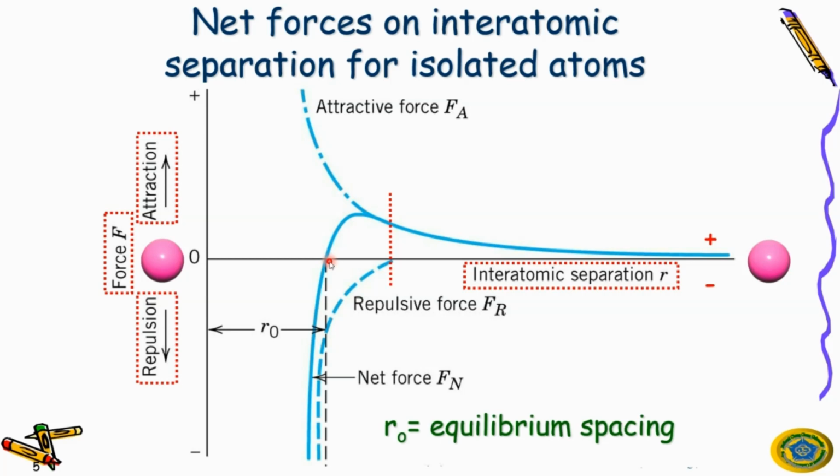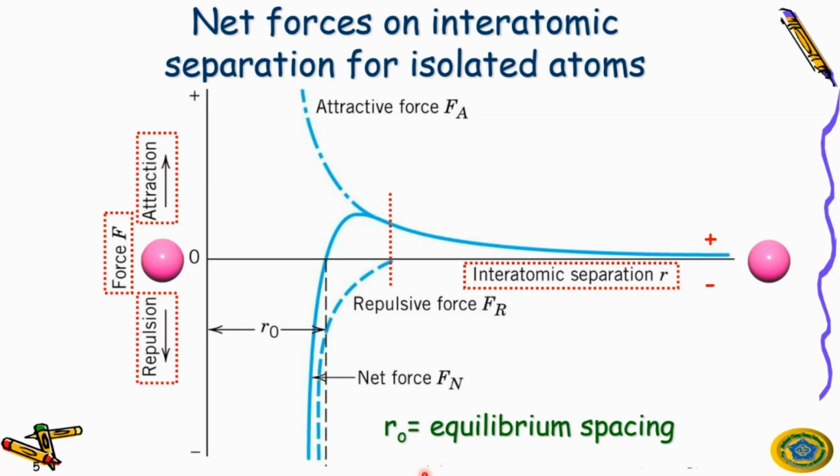So the repulsion force is equal to the attractive force, and then the two atoms will stay in this position. Am I right? It cannot go further, because the repulsion force pushes it out. You cannot go farther away, because the attraction pulls the atom in. So the atom will stay here at this distance.